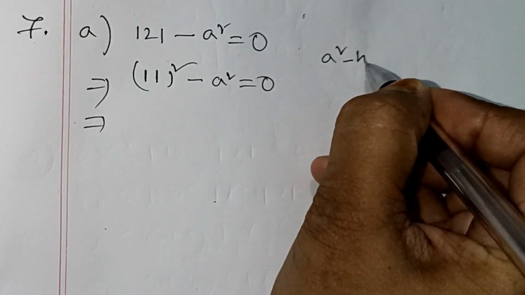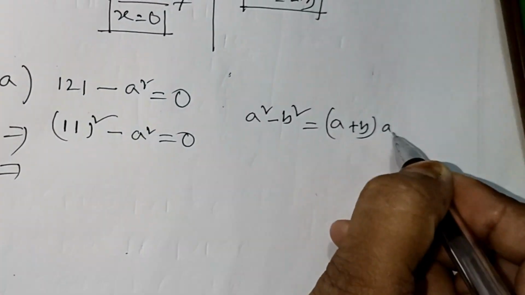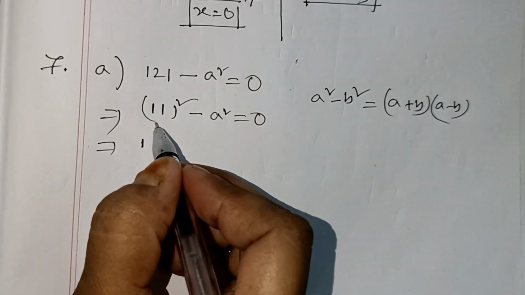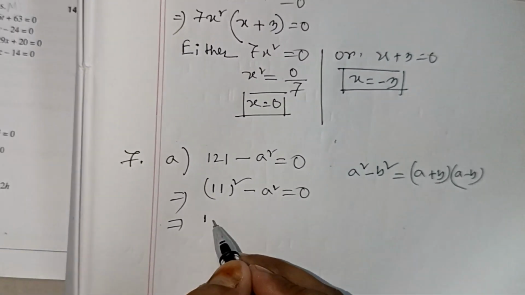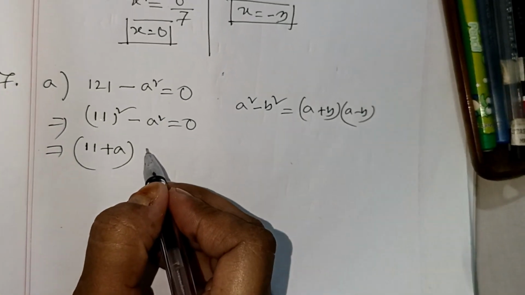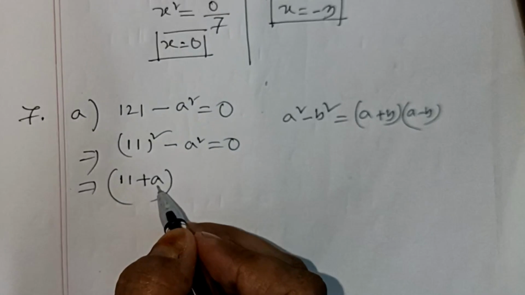We know the formula a square minus b square is equal to a plus b into a minus b. So a means here 11 and b means here a. So a square minus b square is a plus b and a minus b.